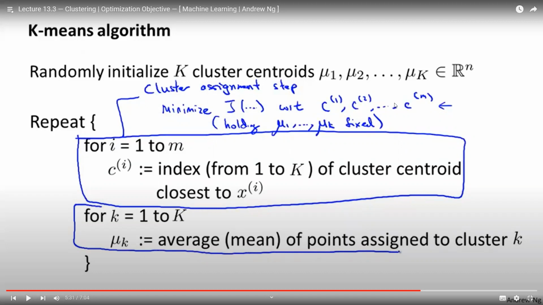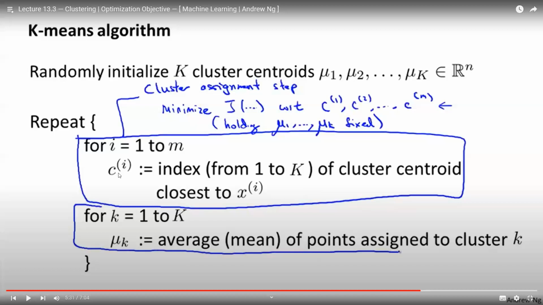This is how we optimize mathematically for the data point to belong to a certain cluster. Clear? This is the first step, the cluster assignment step, when we optimize the k-means algorithm. We minimize the j with respect to c1, c2, c3, which is the cluster assignment, that this data point belongs to this cluster.